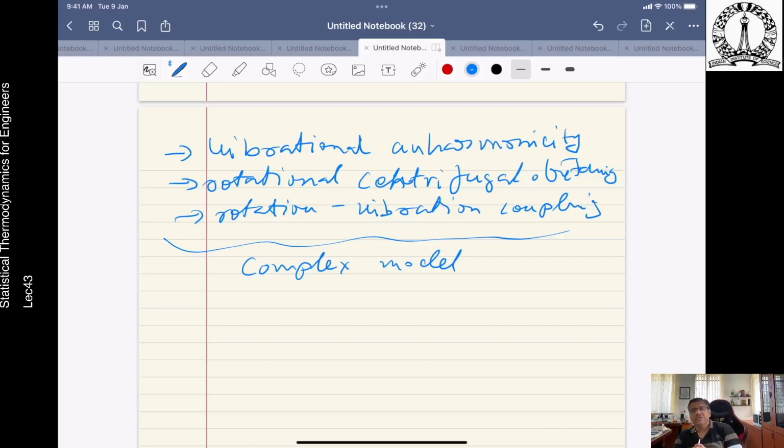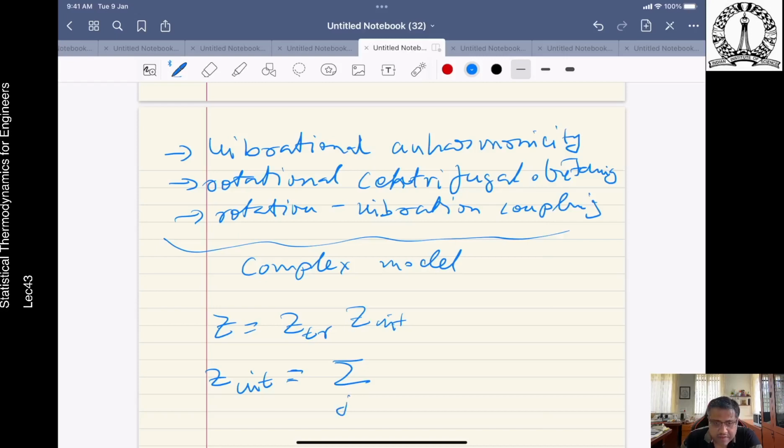Okay. So in this case, a more rigorous expression for the partition function is given as Z translation into Z internal. The translational part is the same.